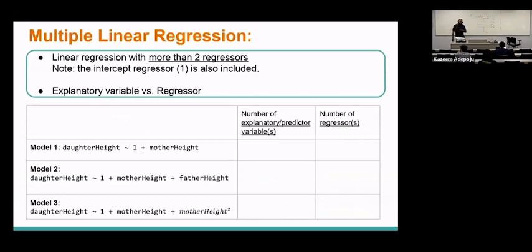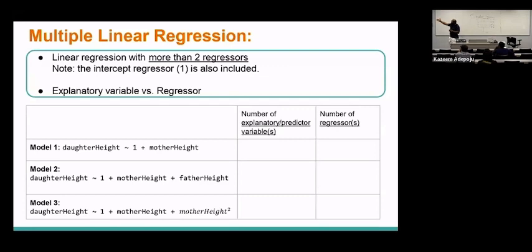That is what model 1 is telling me. Model 2 is trying to say, okay, you need to add more variables, make it a multiple linear regression, and you also need the father's height. Model 1 is a simple linear regression. Model 2 is a multiple linear regression.